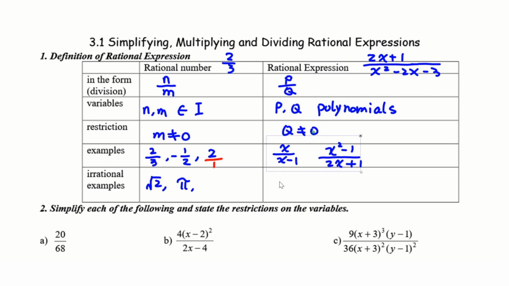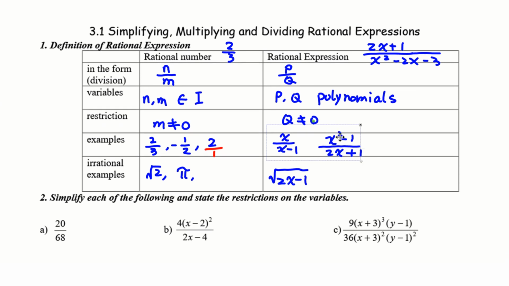And for irrational expressions, you couldn't write them as a polynomial divided by a polynomial, such as the square root of 2x minus 1. This is not a rational expression, because for polynomials you need to have integer degrees.